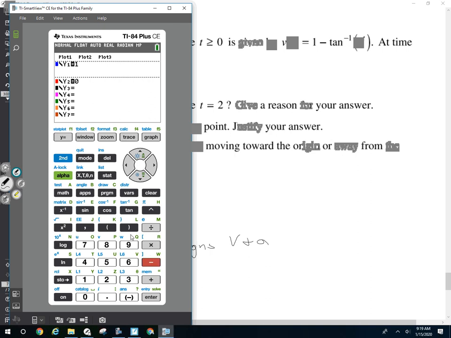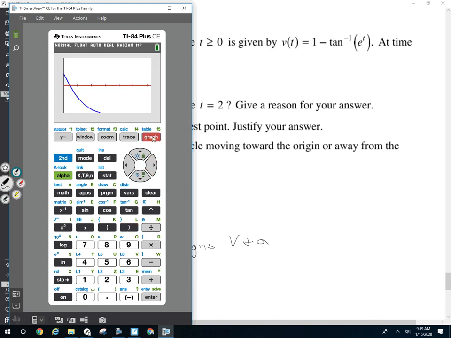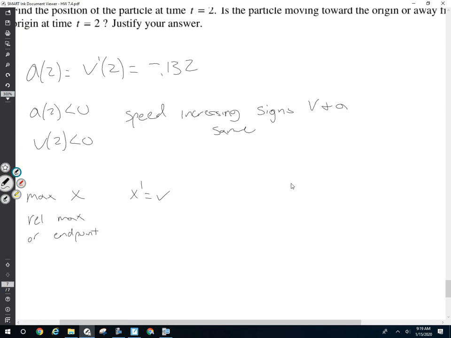So I'm going to grab v, which is x prime. So greater than 0, I see it's positive, then it's negative. Second calc, intersect. I'm going to find that intersection, 0.443.